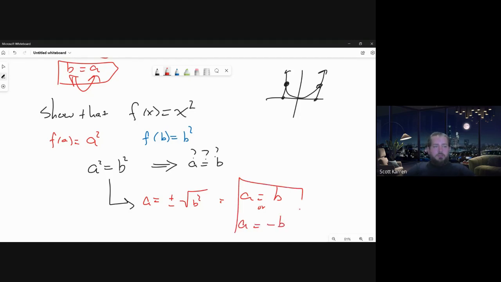Because it comes down to this conundrum, it's no longer a one-to-one function. And therefore, because I know it's not a one-to-one function, I know that its inverse is not going to be an actual function.